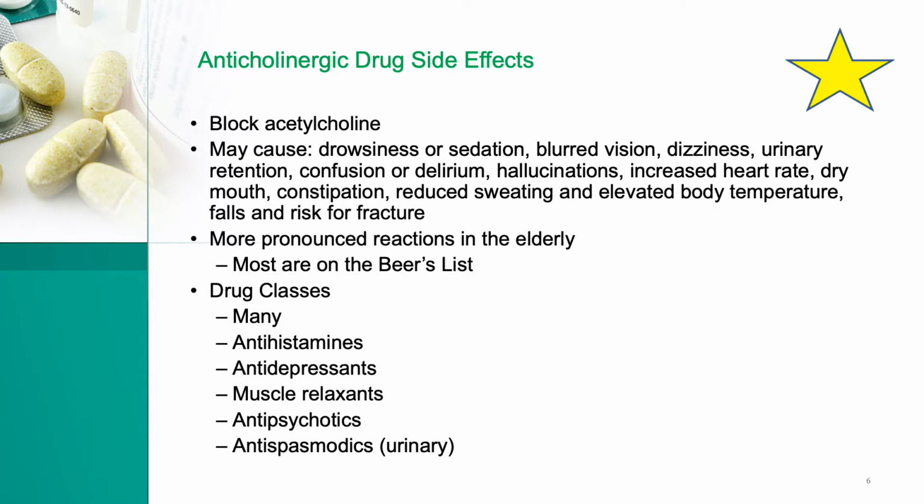The side effects are many, with the most common listed here. Anticholinergic drugs fall into many different classes of drugs, so it's hard for patients to identify or remember these specific drugs. For example, some antihistamines, antidepressants, or even muscle relaxants have anticholinergic properties.